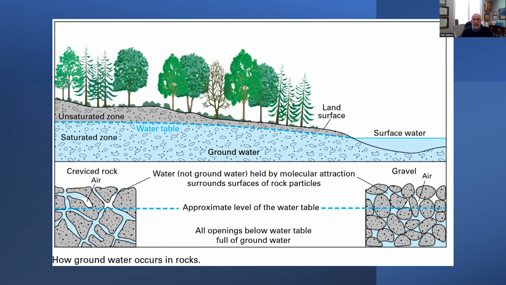Every town on the Cape gets its water supply from the groundwater beneath the Cape surface. And that water is supplied by groundwater wells that extract the groundwater. Except in Falmouth, there's one surface water reservoir that supplies water. But that reservoir is supplied by groundwater.